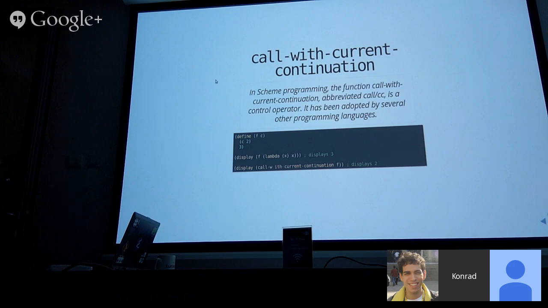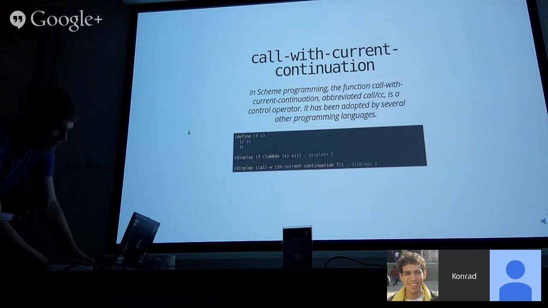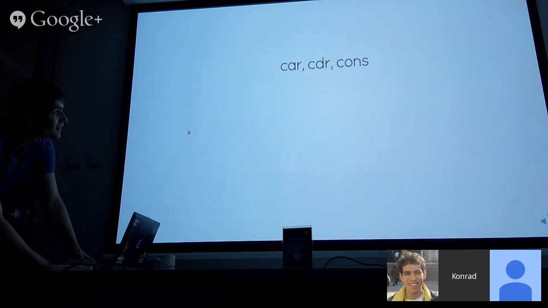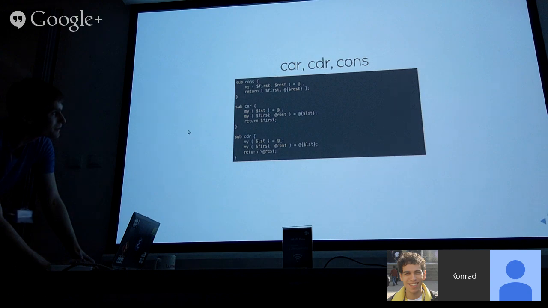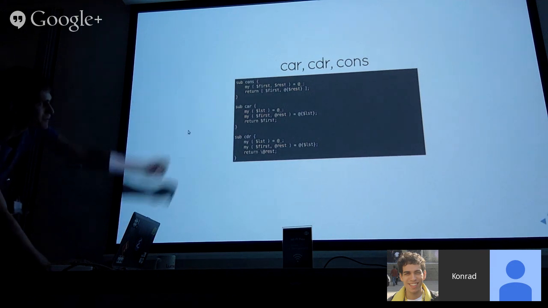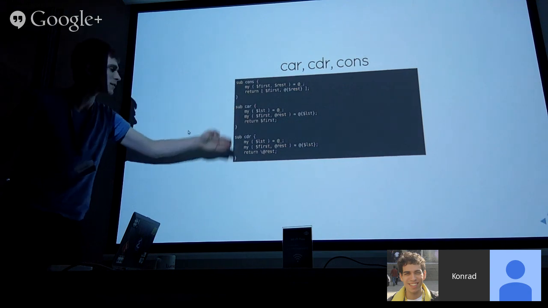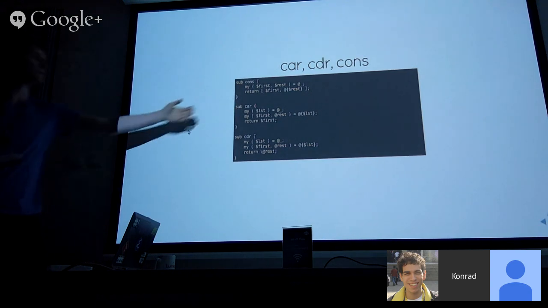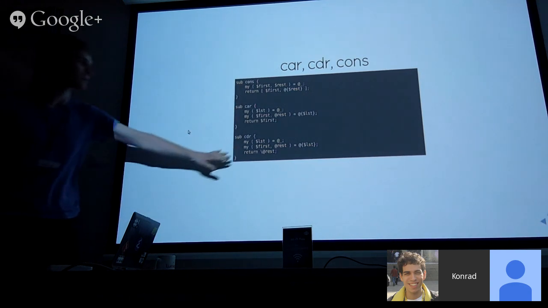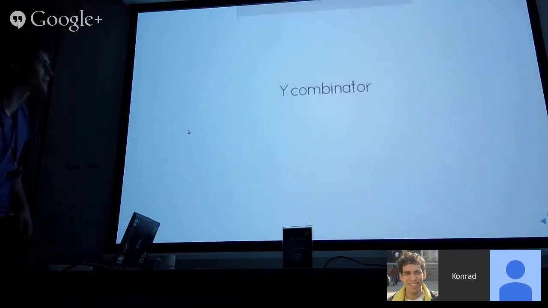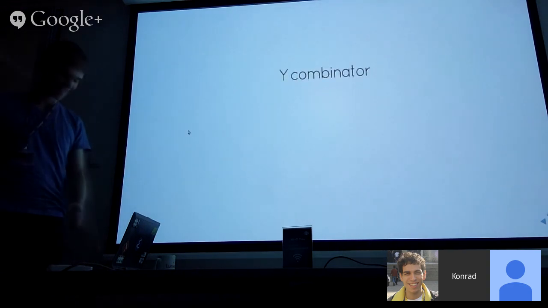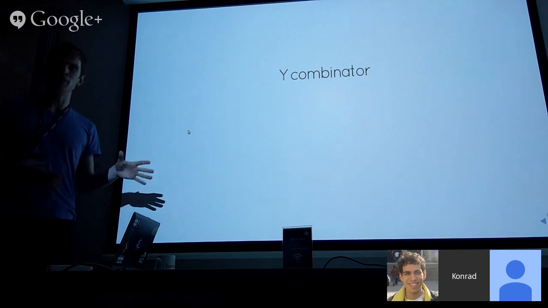Could you explain the Y combinator? Oh yeah, Y combinator. I was afraid of this. As you can see, it's first, last, rest, constructed with first and tail in Perl because Perl. So back to the Y combinator.